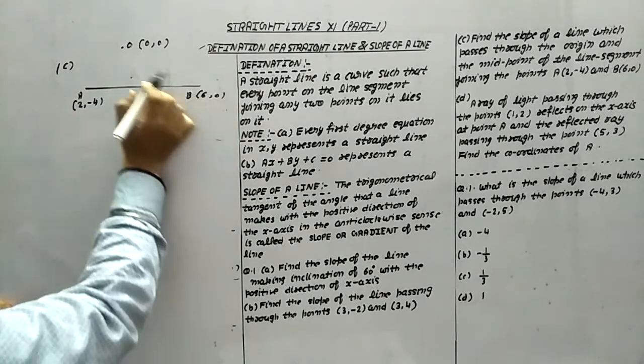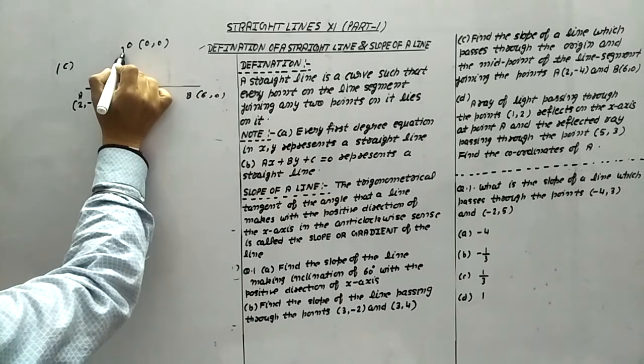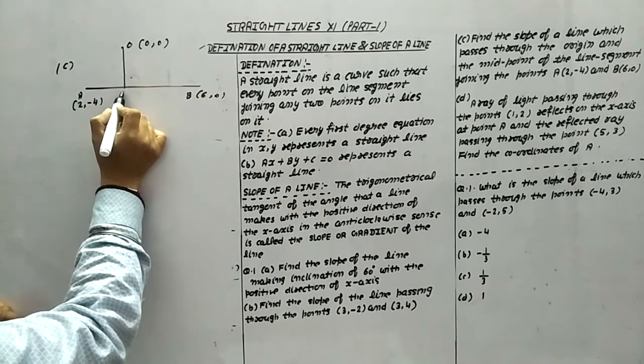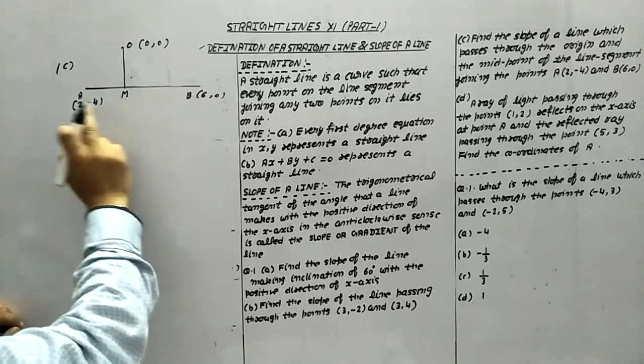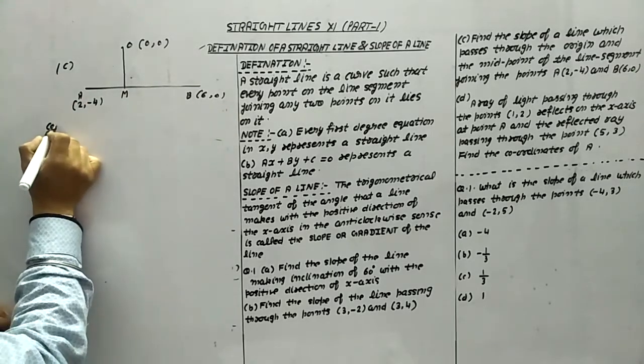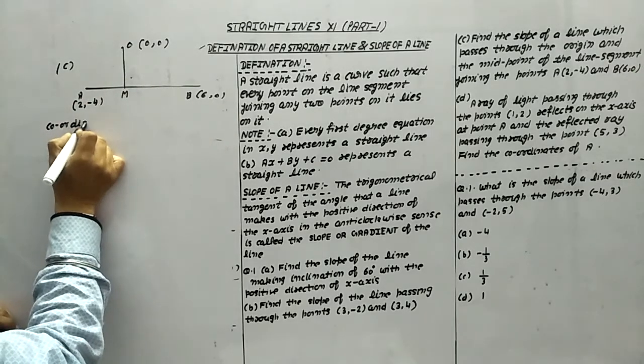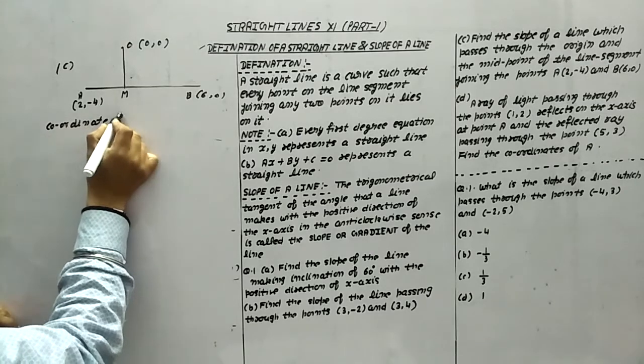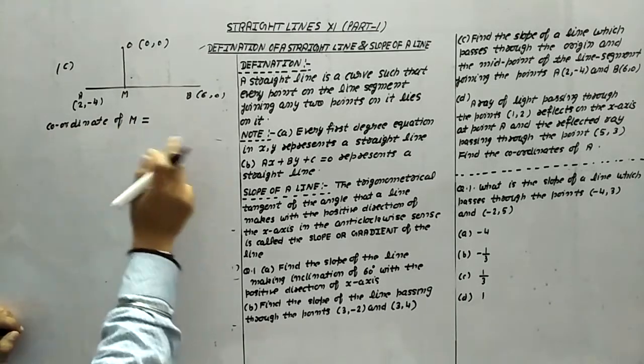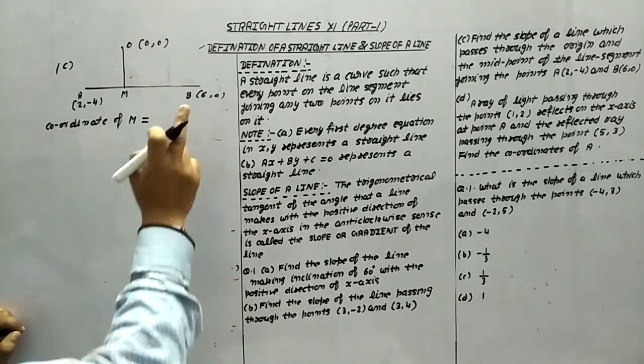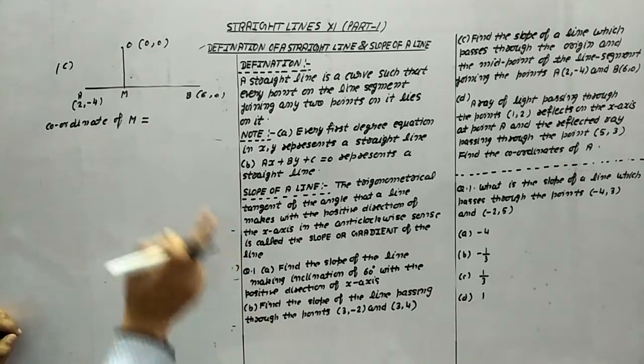Now look at this. It means we have to find the slope of this line OM, where M is the midpoint of AB. First of all, the coordinates of M. How will we find the coordinates of M? By the midpoint formula. And what is the midpoint formula?